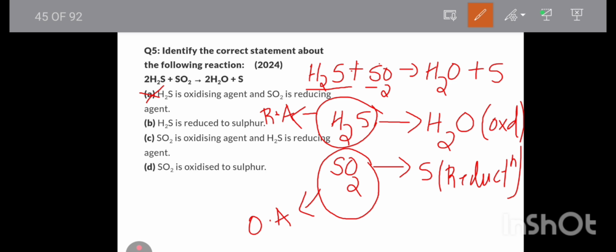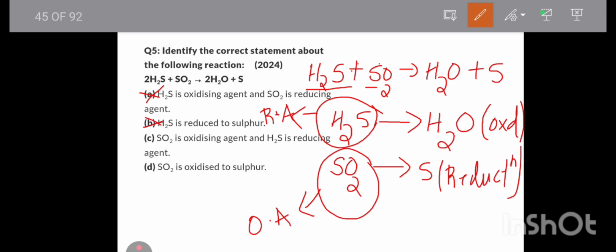If it is removal of hydrogen, then which reaction is it? Removal of hydrogen means it is an oxidation reaction, right? So H2S is getting oxidized. It is not getting reduced. So this is also wrong.